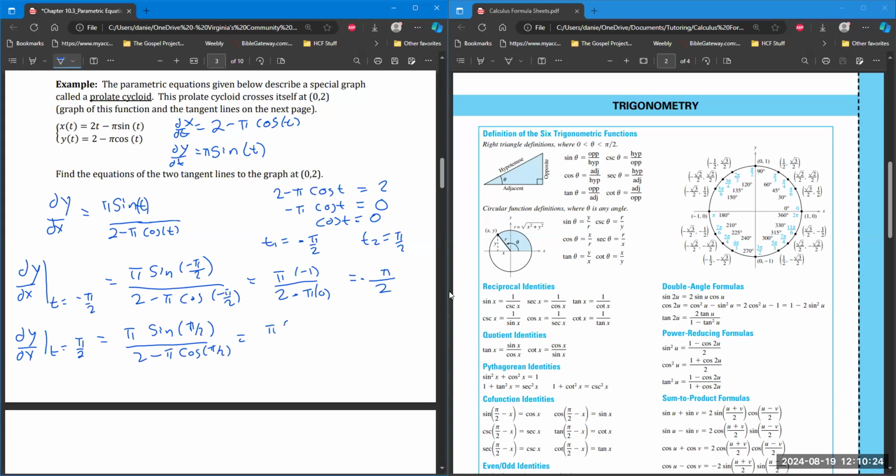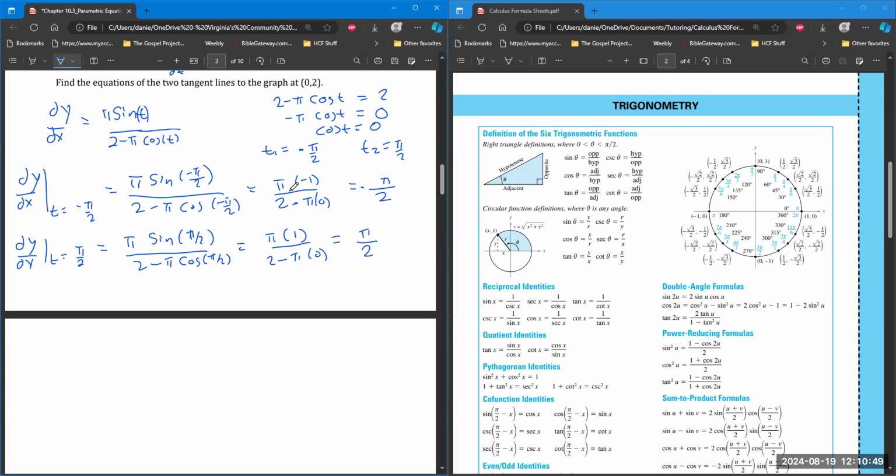Pi over 2 is right here, the sine value is right there, and the cosine value is right there. That is going to be equal to pi over 2 minus 0 is 2. So now I want to find the equation of the tangent lines.